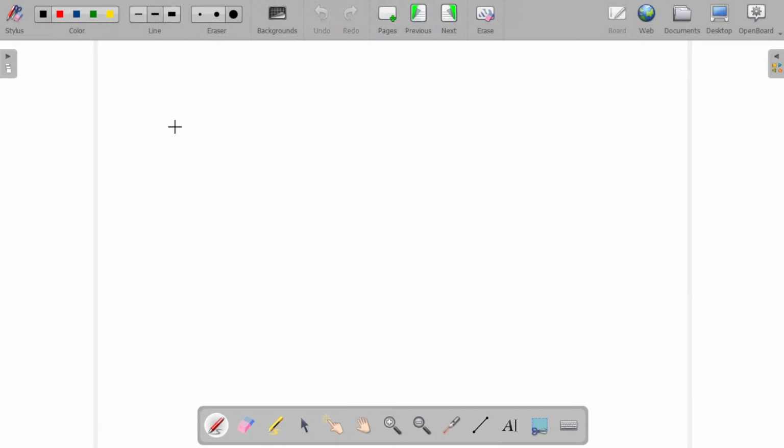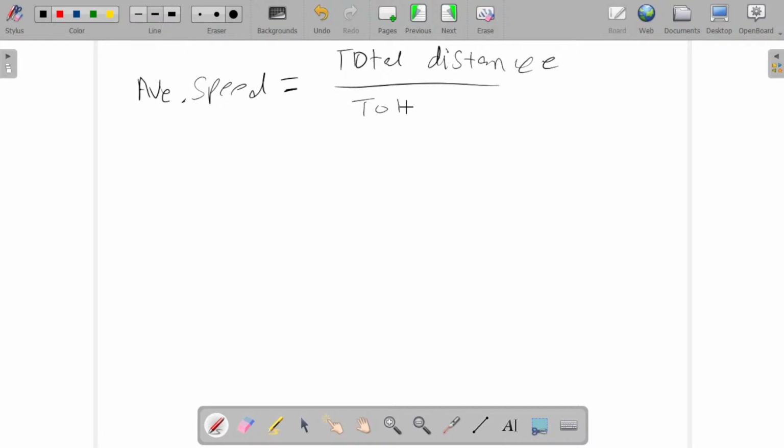So average speed equal to total distance upon total time.